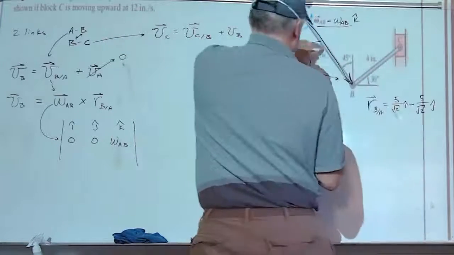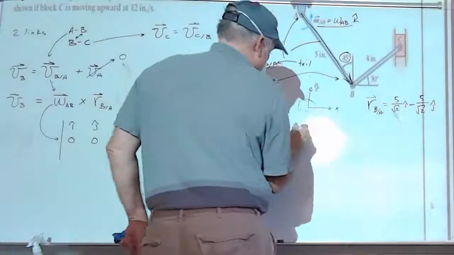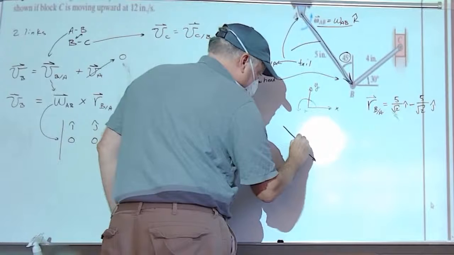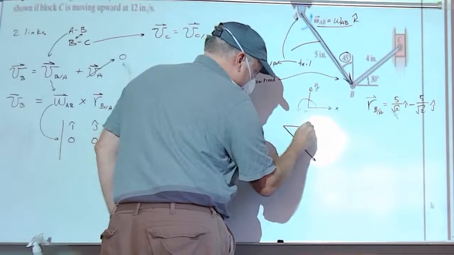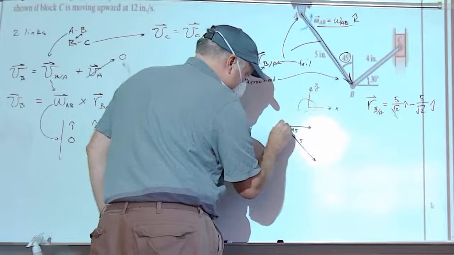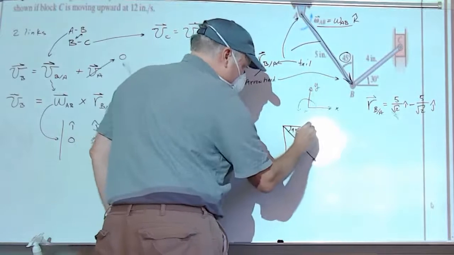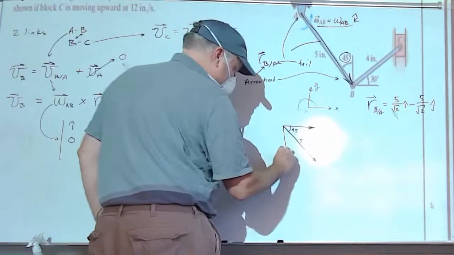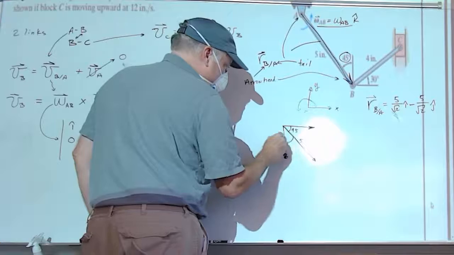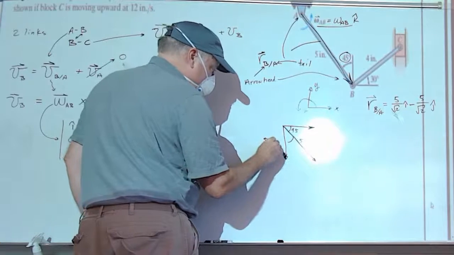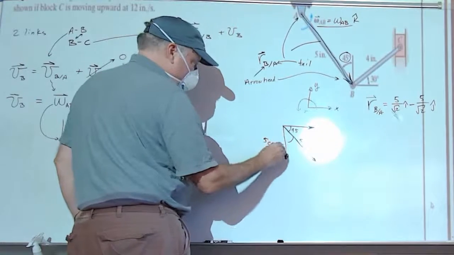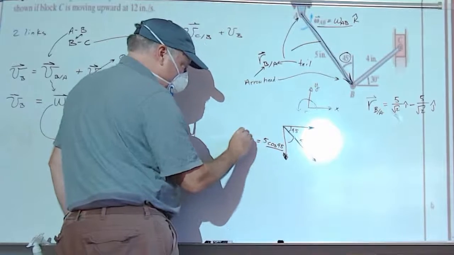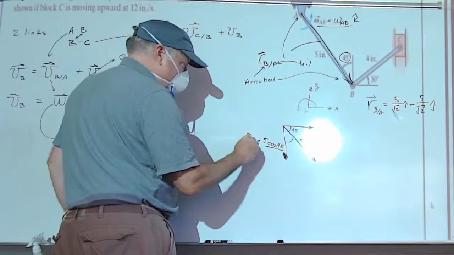And the reason it's 5 over square root of 2 is, in other words, that's 45, that's 45. They should be the same length. So you could say this is 5 cosine 45, but that's 1 over square root of 2. So you end up with 5 over square root of 2.